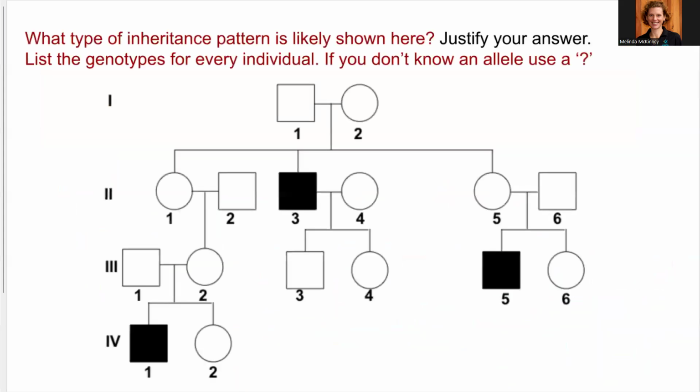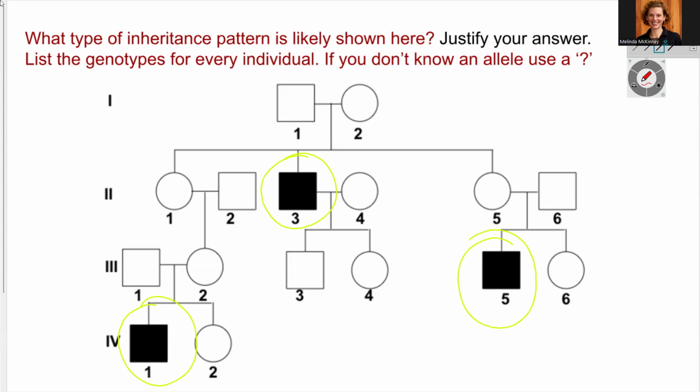All right. So here's an example of an inheritance pattern. And if you look at it, what sex is expressing the trait of interest? Out of all of them, only the males in this example are expressing the trait.